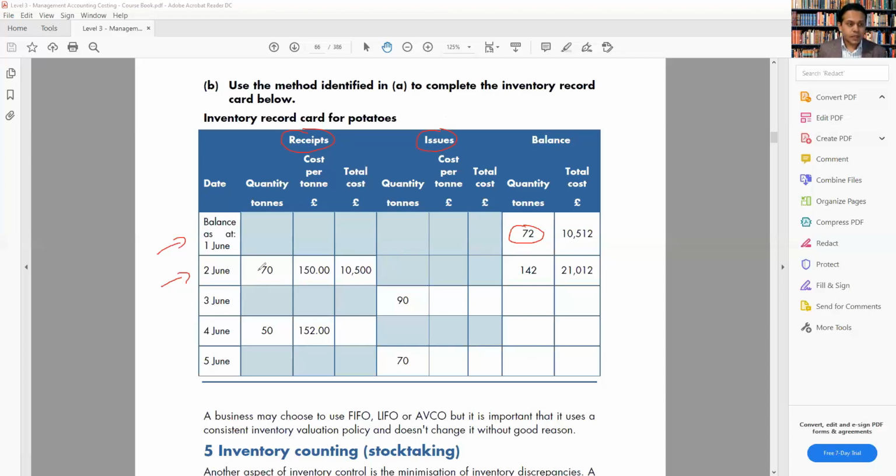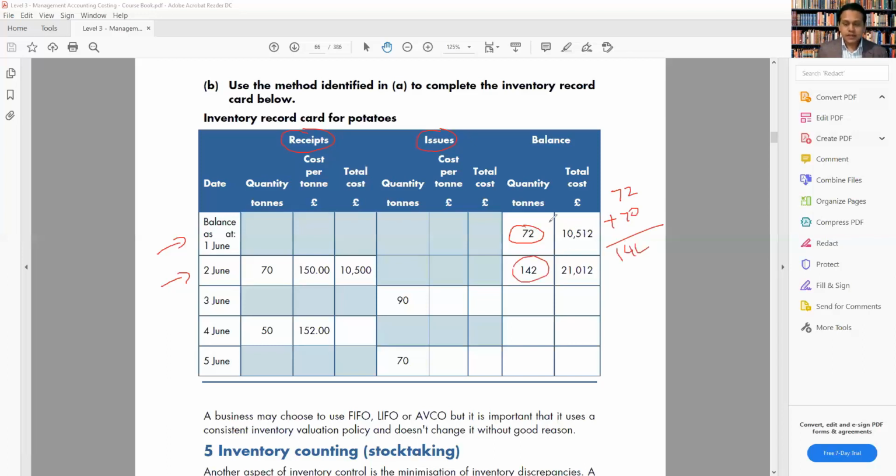So we can see we received 70 on 2nd of June, and per ton is 150. So 70 times 150, the total is 10,500. We had 72 before, and we receive another 70 units, so that will give us 142 units total.